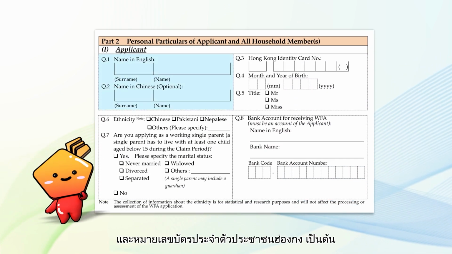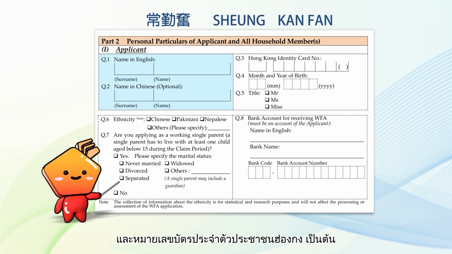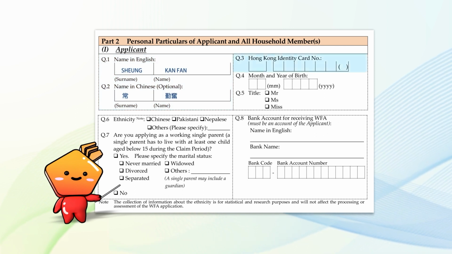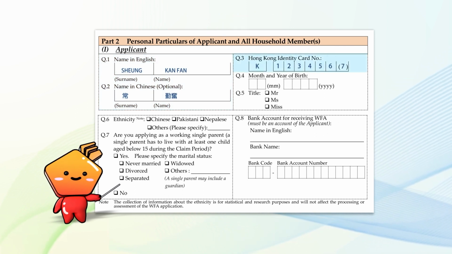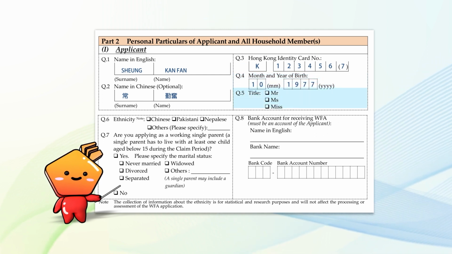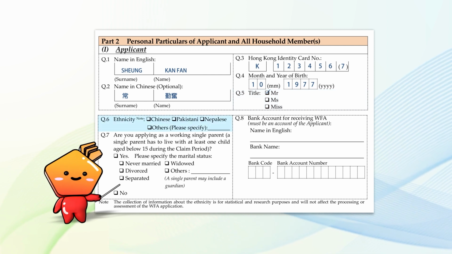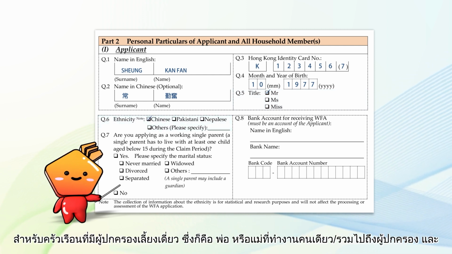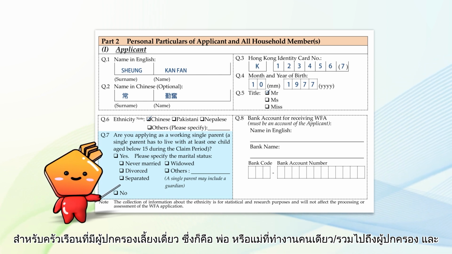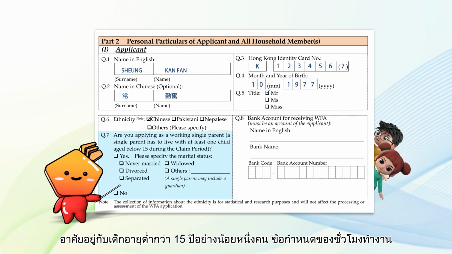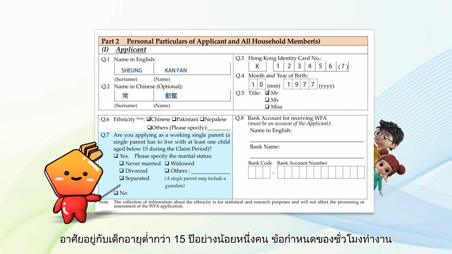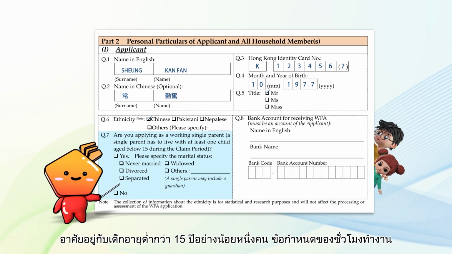You must clearly fill in all personal particulars, including names, Hong Kong ID card numbers, etc. For single-parent households, that is, a single working parent, including guardian, living with at least one child aged below 15, the working hour requirements for WFA application are lower.